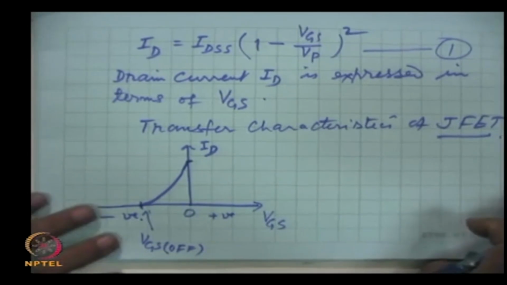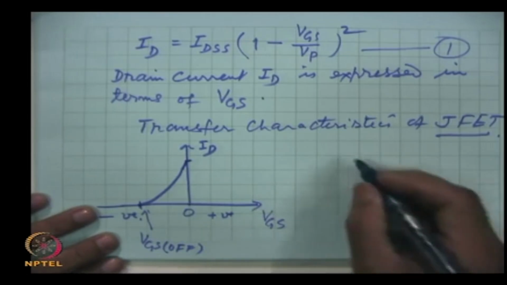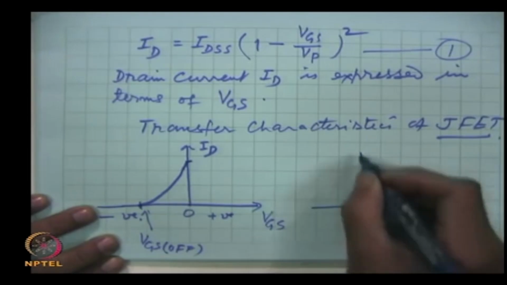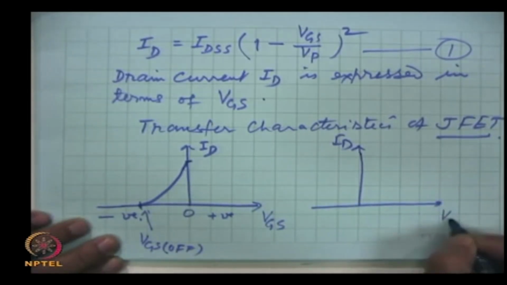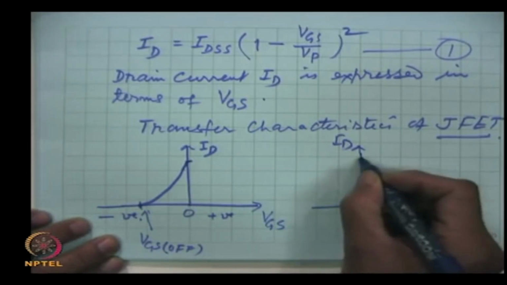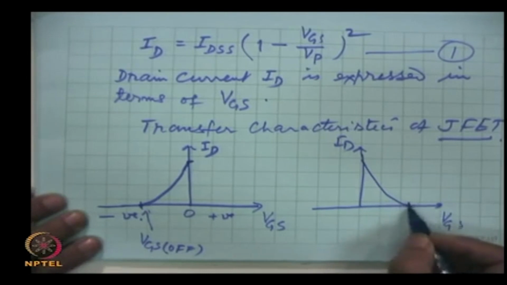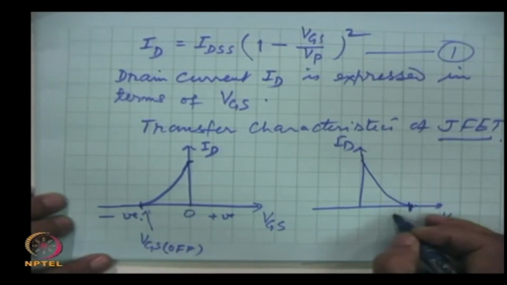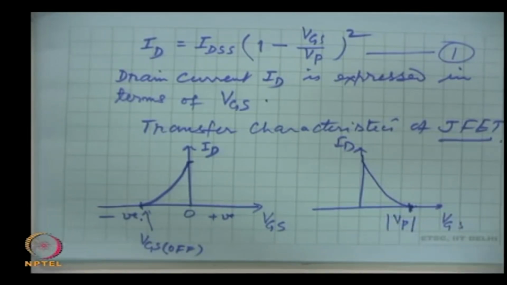The curve will be the opposite for a P type JFET, because the gate source voltage is positive. So, it will be this way. This is drain current and this is VGS, and this is the magnitude equal to this, which is also Vp, the pinch off voltage.